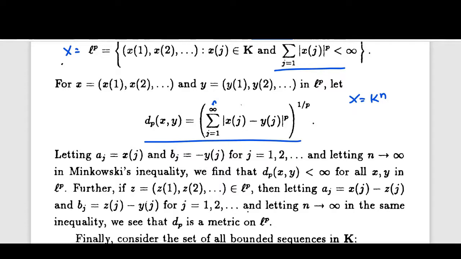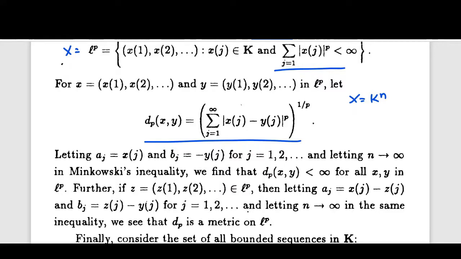Now here we are considering sequences, so the elements in our X are sequences like this. That is why we define the summation as j varies from 1 to infinity.